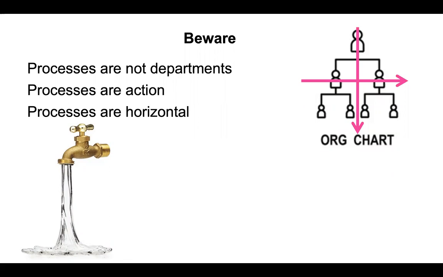What do you see until the client receives the order, receives the product or receives the service? What kind of activities do you see? That's the flow. That's why processes are horizontal. Processes are not an ordering of actions.